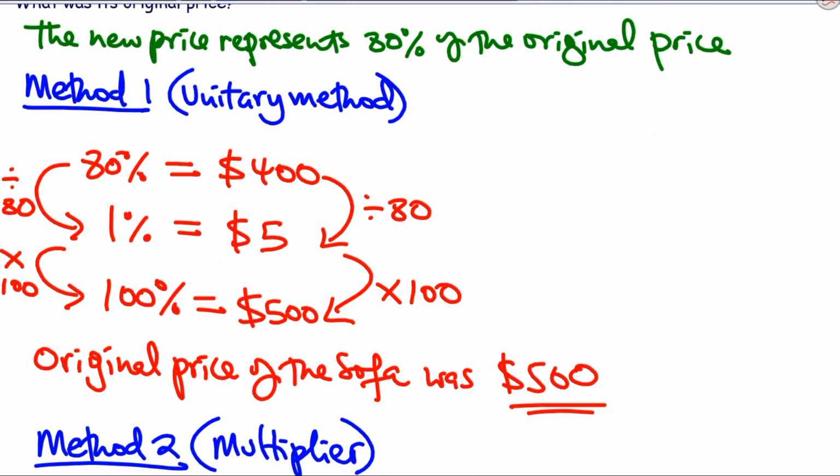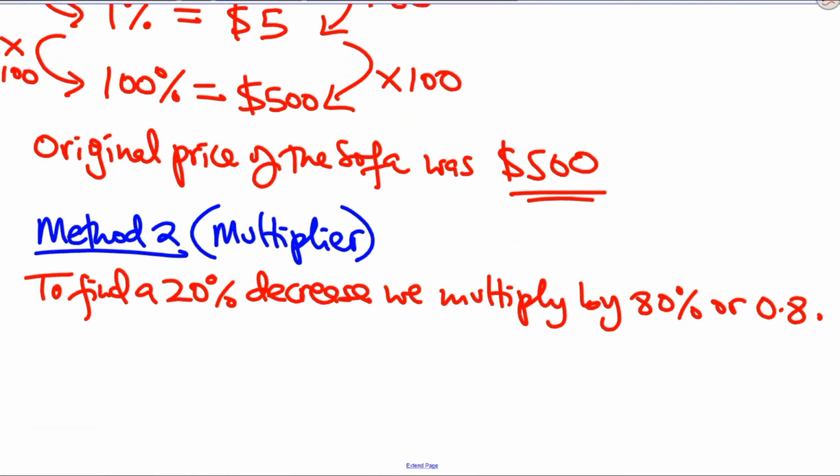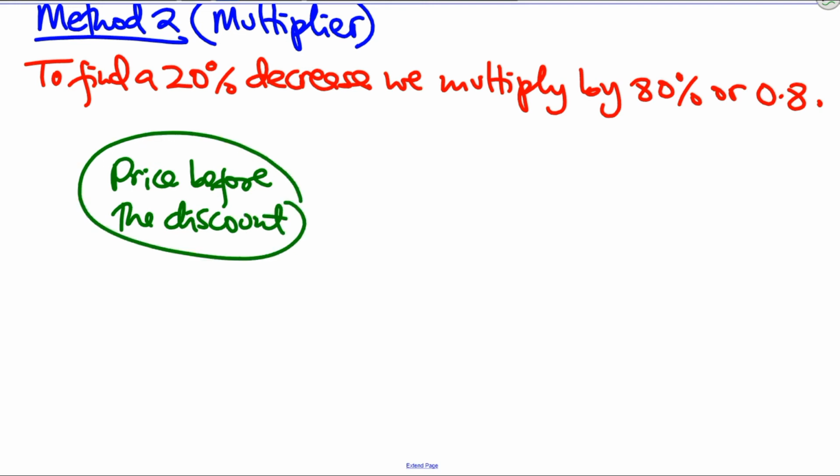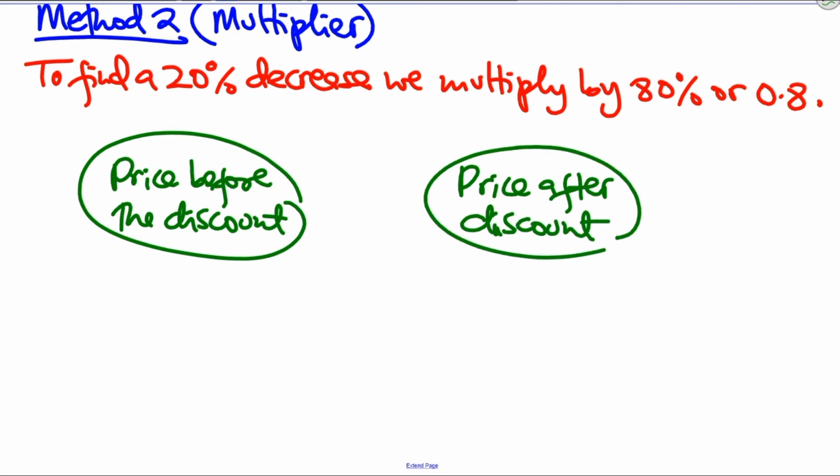So we can represent this using a diagram. So we have the price before the discount, let's assume it's here, and then we have the price after the discount, which is here.